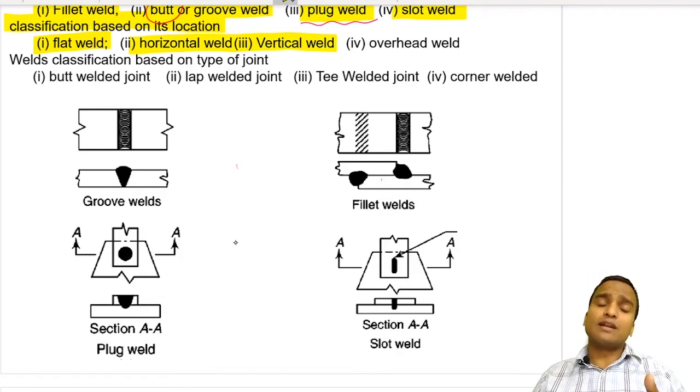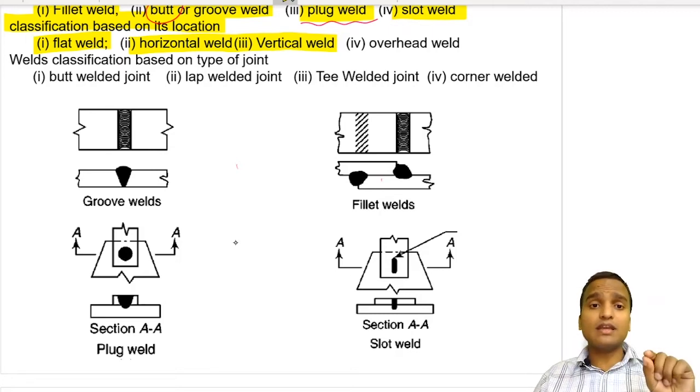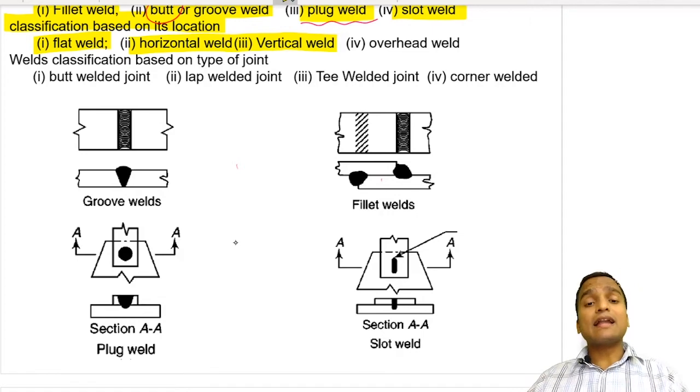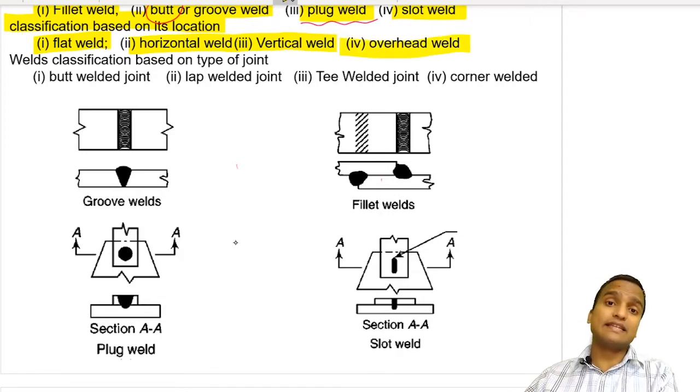Now horizontal weld, as the name suggests, is the welding which is done horizontally, and vertical weld is the welding which is done vertically. And these two types of weld, horizontal weld and vertical weld, are done on the side walls. And the fourth one is the overhead weld, which is done on the ceilings.